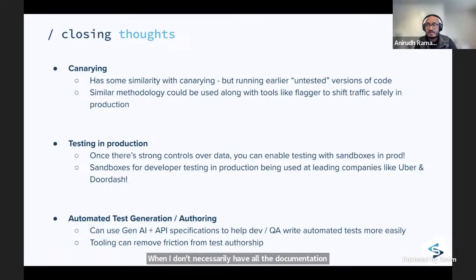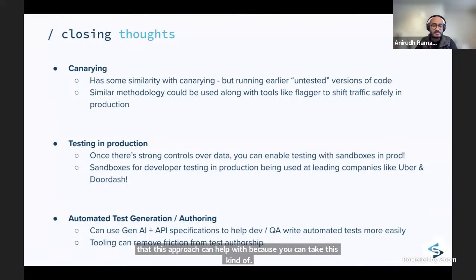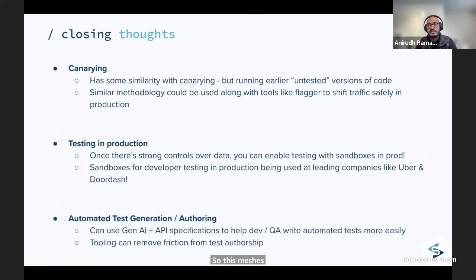That is something this approach can help with, because you can take service meshes and capture request payloads and try to construct models that help developers or QA author these automated tests, deriving from the information in these request flows. So that's something we're looking into, but generally just an interesting area as well.